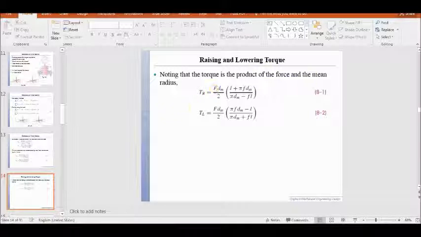In this equation, F is the load that needs to be transmitted, or if you want to lift up a weight, the weight that you need to lift up. dm is the mean diameter that we just found, and L is the lead. f is the coefficient of friction between thread and nut, and again we have the same parameters in equation 8.2.